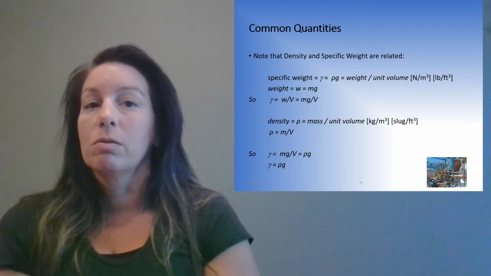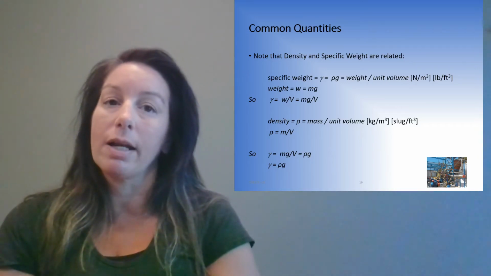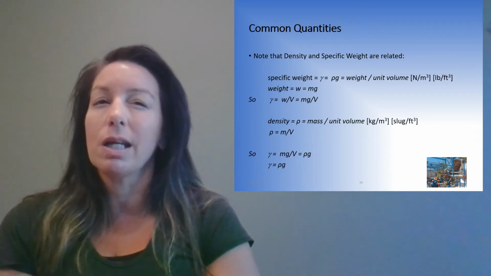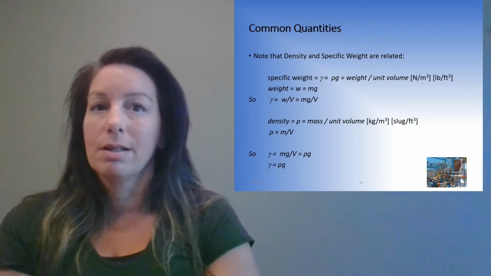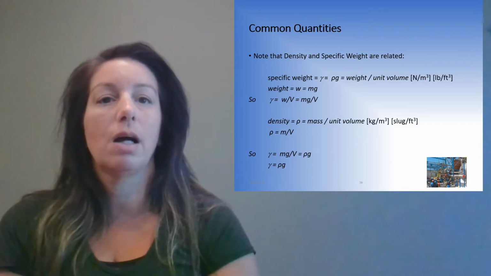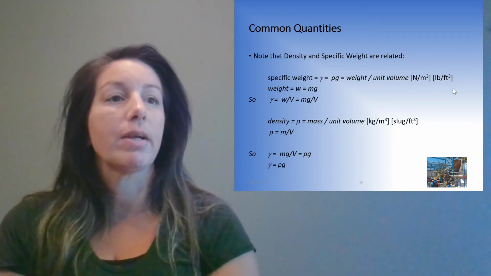So if you relate them both, we've got gamma equals mg over volume, which is also equal to rho g. So there you go. The specific weight, gamma, is equal to the density times gravity.